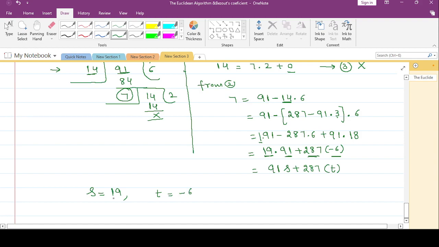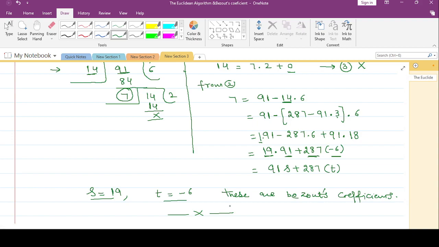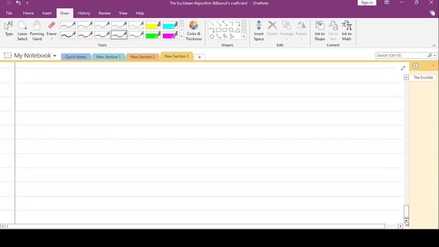These S and T are Bezout's coefficients. I hope you have no doubt in this. But we solve one more question, so that you understand better how to solve these types of problems.